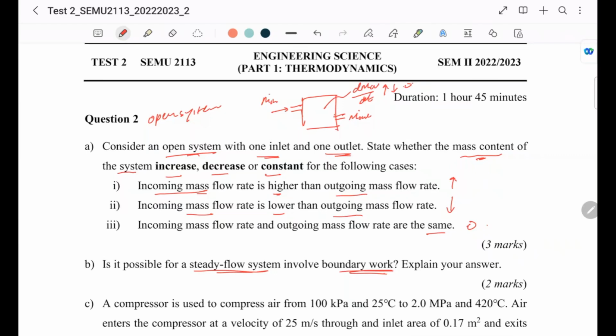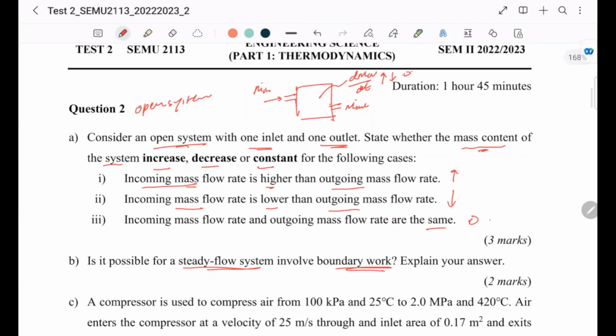The answer for that is not possible, because for a steady flow system, it basically means that volume cannot change as well. Volume is constant as well.